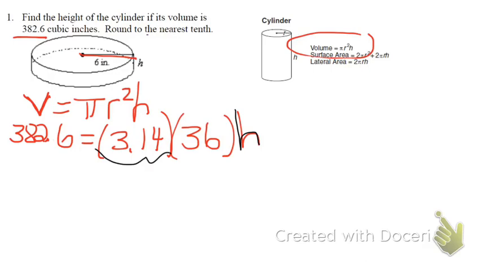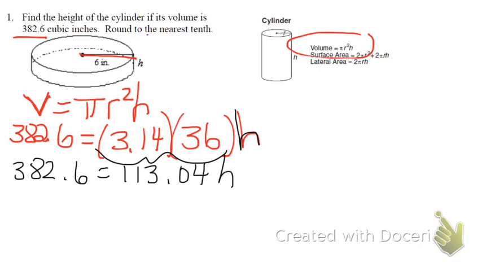So now I'm just going to multiply these guys together, 3.14 times 36, which is 113.04. So bring down the 382.6 is equal to 113.04 h.